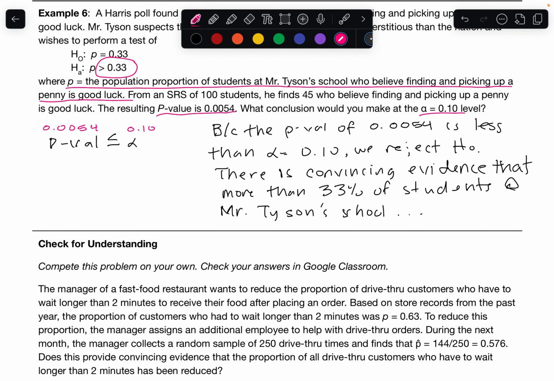We see those same moving pieces: stating my p-value, stating my alpha, stating the claim in words, stating that alternative in words. And again, we see that connection between we did reject and there is evidence.